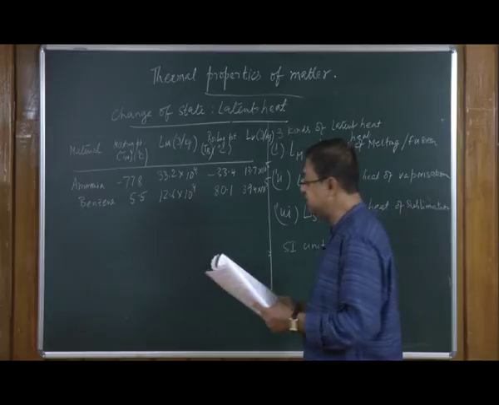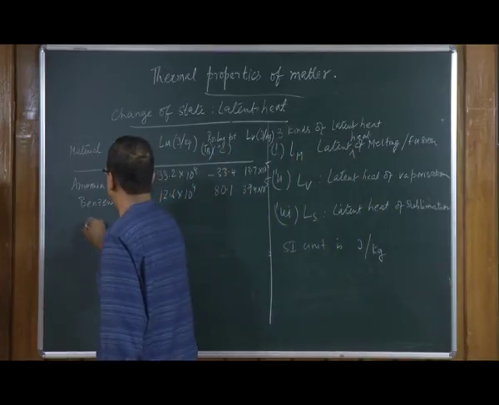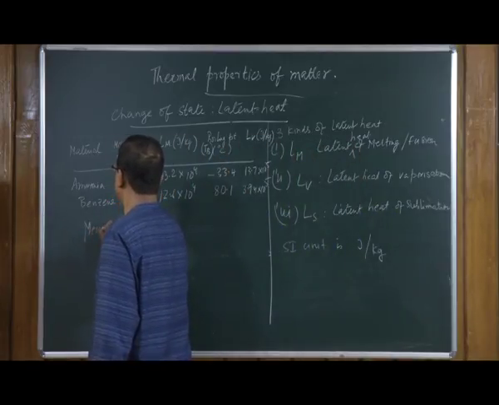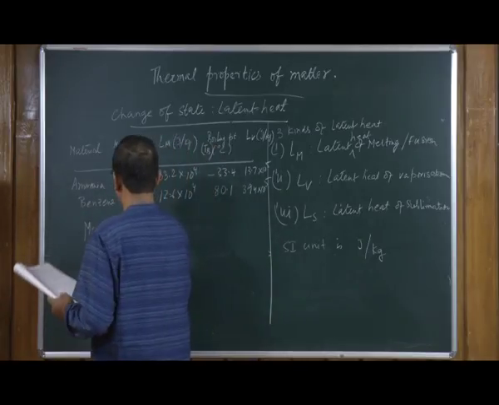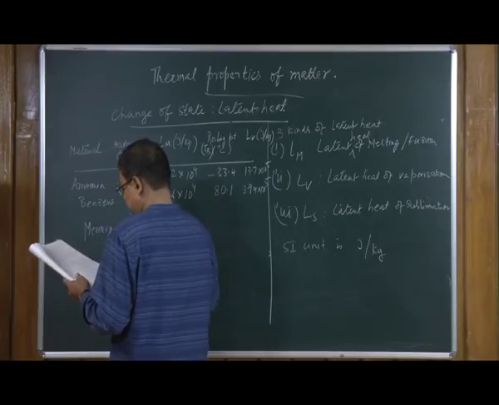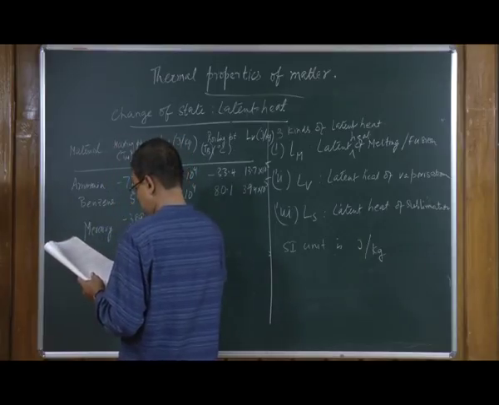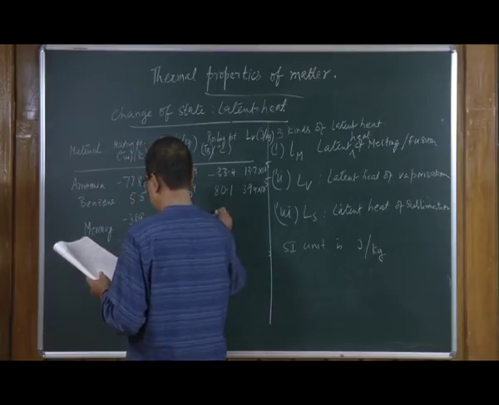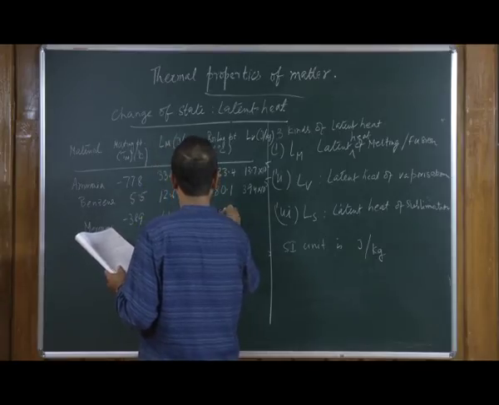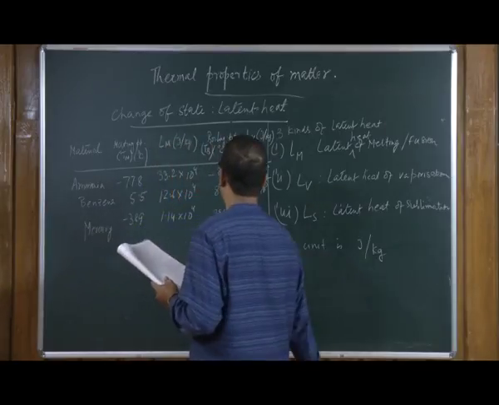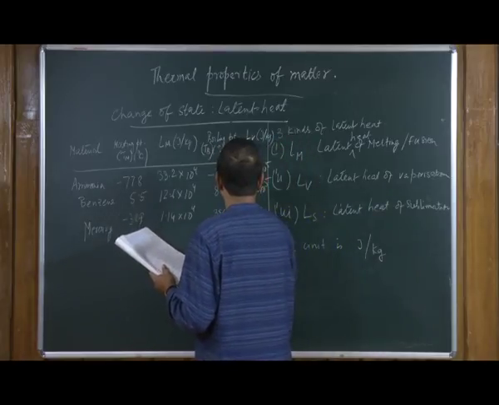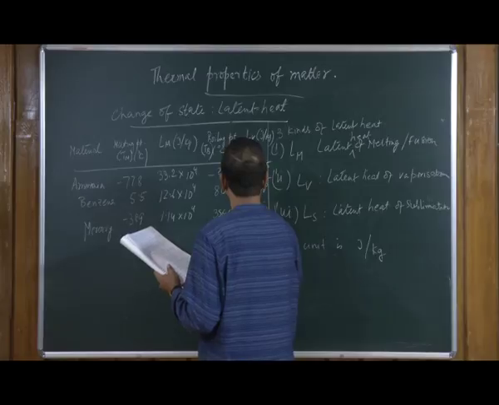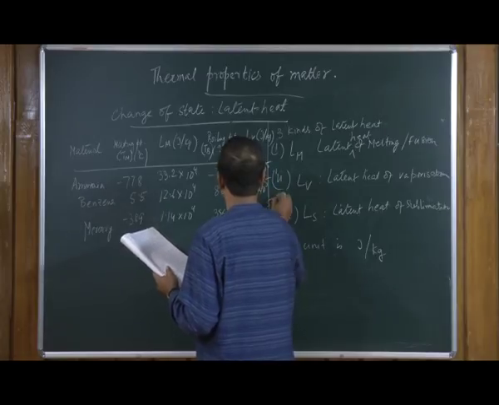So, this is for benzene, and for mercury, the melting point is minus 38.9, Lm is 1.14 into 10 to the power 4, while mercury has a very large boiling point, which is 356.6 degree centigrade, and Lv is 2.96 into 10 to the power 5.